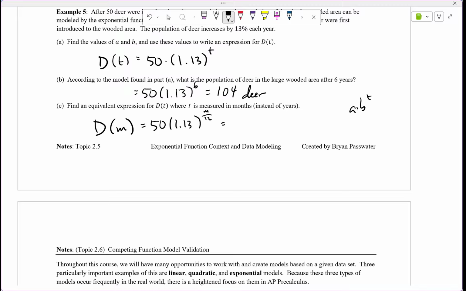Yes, Jonas? Take 1.13 to the 12th root. And you should get a value of about 1.010. Something like that. Did anyone else get that? Yeah. Connor, do you have something to add?